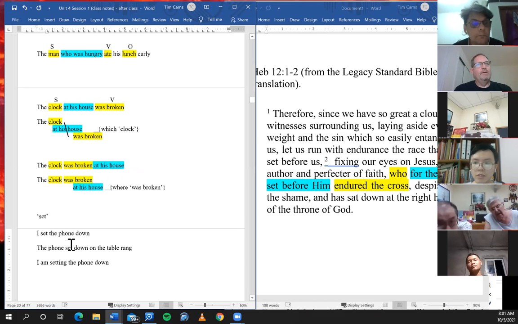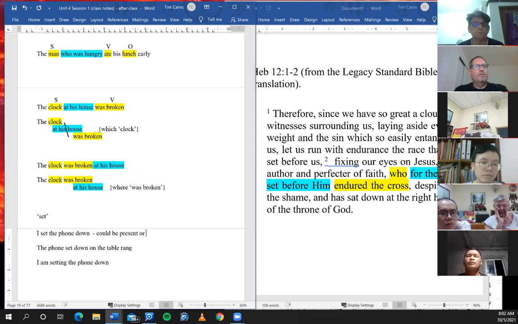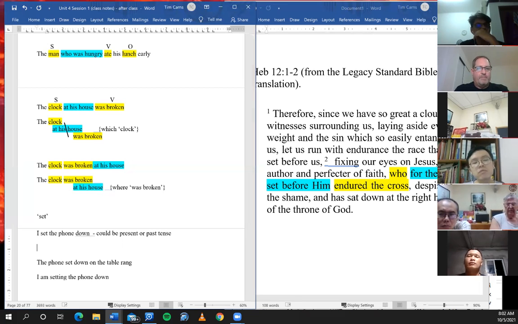Okay. This verb set in English can be spelled the same way. I set the phone down could be present or past tense. So there's no, for past tense, we don't have I setted the phone down.